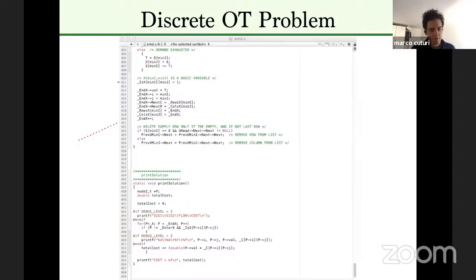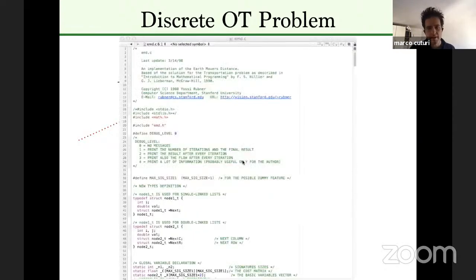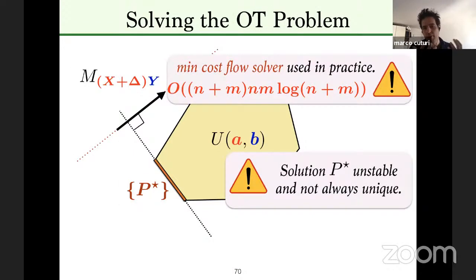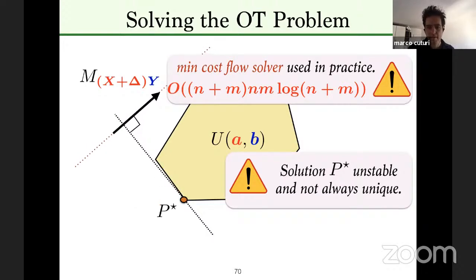To summarize, there are three main things about solving transport in a discrete manner. It doesn't scale, at least complexity-wise, but also in practice, you can see that there's a wall. It's not differentiable with respect to inputs, and it's typically something you wouldn't be able to run on GPUs or TPUs or parallel hardware. You can only use naive parallelization, one CPU per pair of measures that you're going to compare.